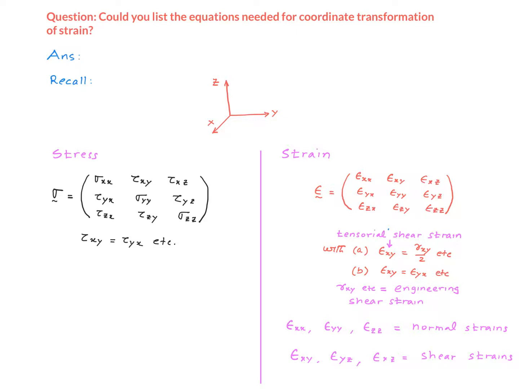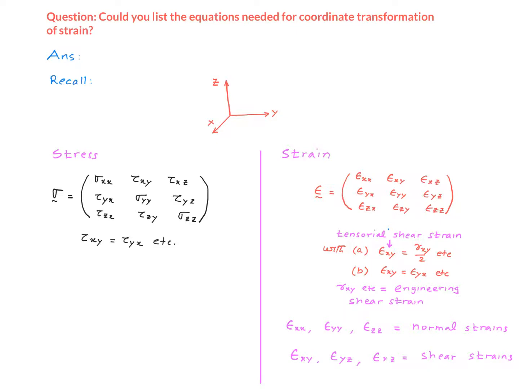In a similar vein, this is the three-dimensional strain matrix. There are two things to note here. One, when it comes to shear strains, there are two definitions. The first one, called the tensorial shear strain, are the ones that are presented in this matrix. For example, epsilon xy is a tensorial shear strain.